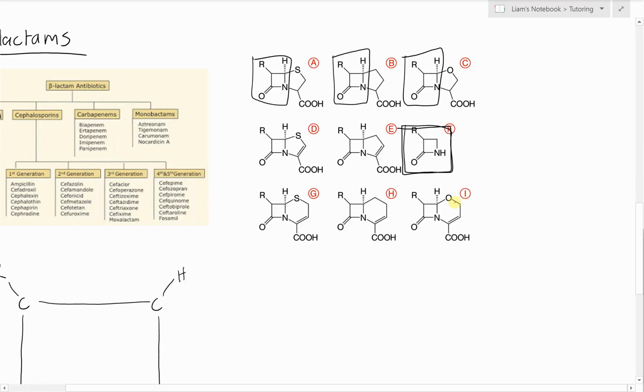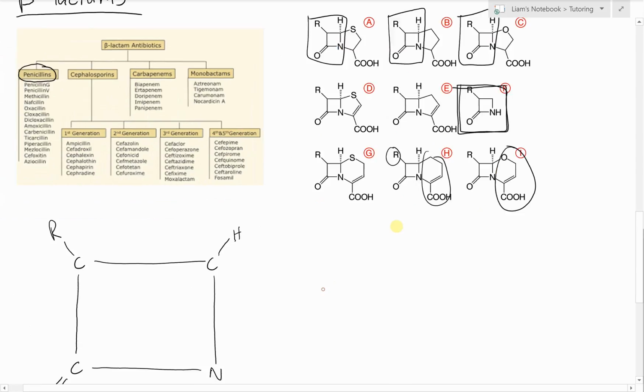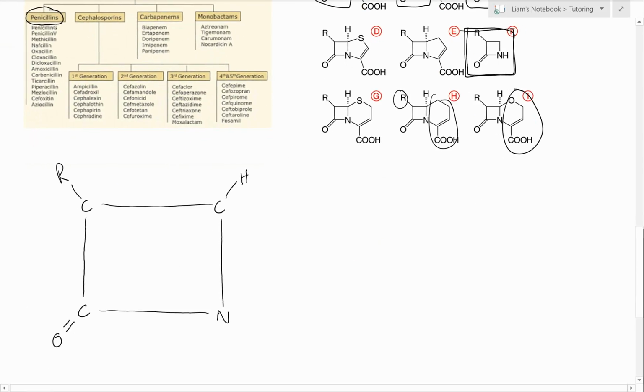All these bits out here, and the R group as well, are the bits that we modify in order to give us all the different types of beta-lactams. But this thing here, this is what we call the beta-lactam ring. This is the most important thing. This is actually what makes penicillins work.